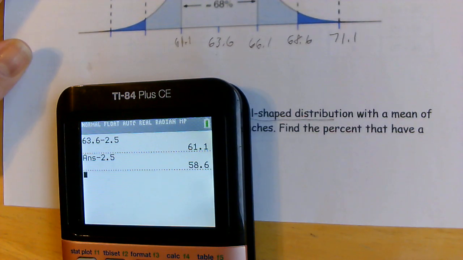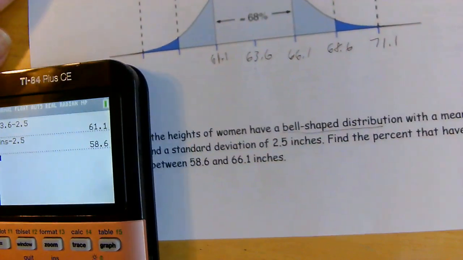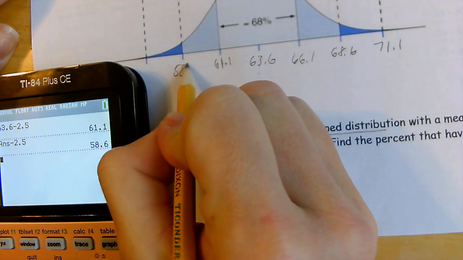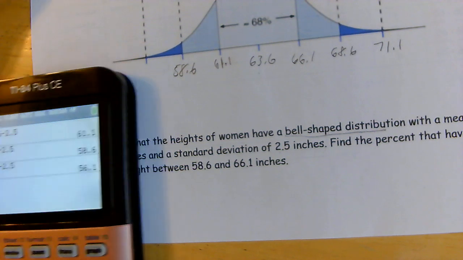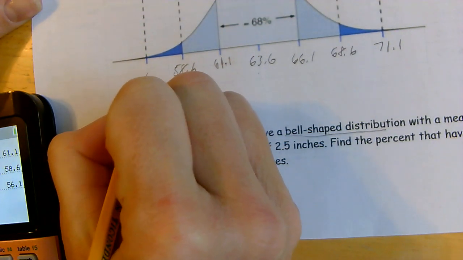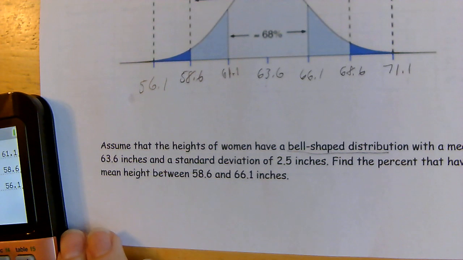Subtract it again, 58.6. And subtract 3 standard deviations, 56.1.